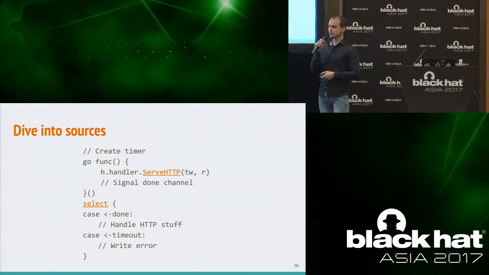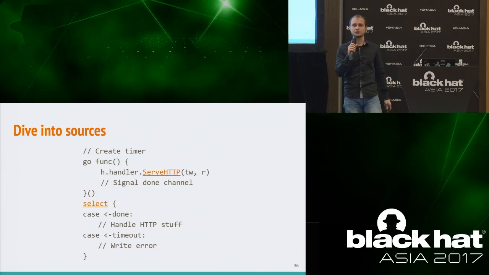If a timeout has occurred, the select will proceed, but there was no code anywhere to tell my Goroutine, please die. Because the interface for the HTTP server does not give you a way to tell the server, please kill this Goroutine if something is taking too long to end.